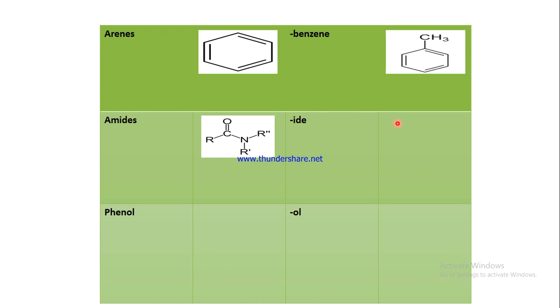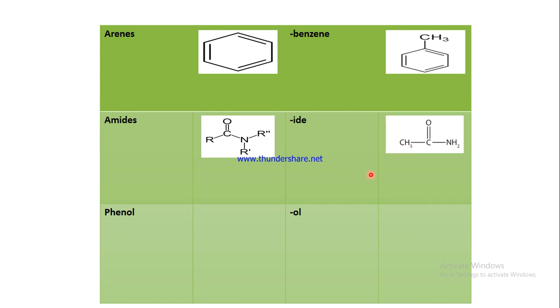And our next homologous series are our amides, where we have got this carboxyl group bonded to a nitrogen there, and this linkage forms our amide. Wherever you see this linkage on hydrocarbon chains, then you will know we have got our amide, and there is the prefix for our amides, IDE.